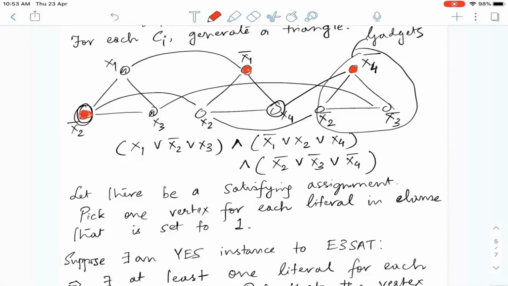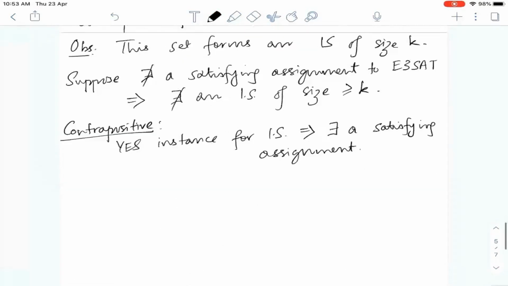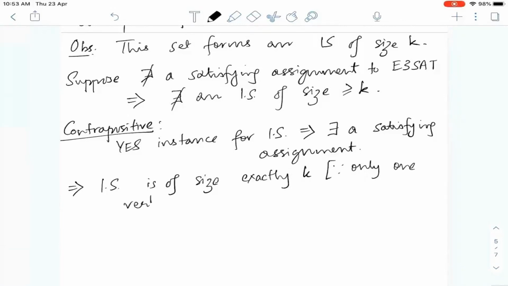So how do I do this? This implies IS is of size exactly k, since only one vertex can be picked from each triangle.